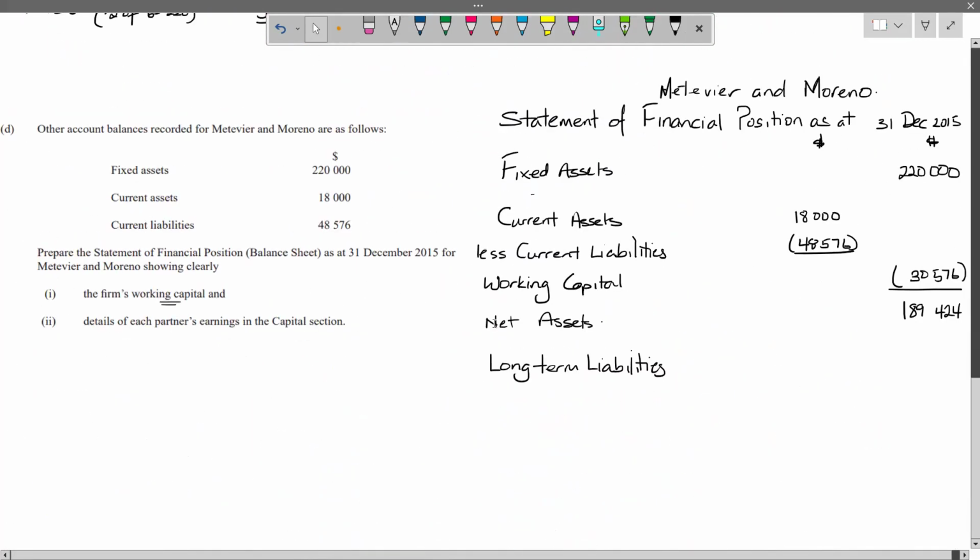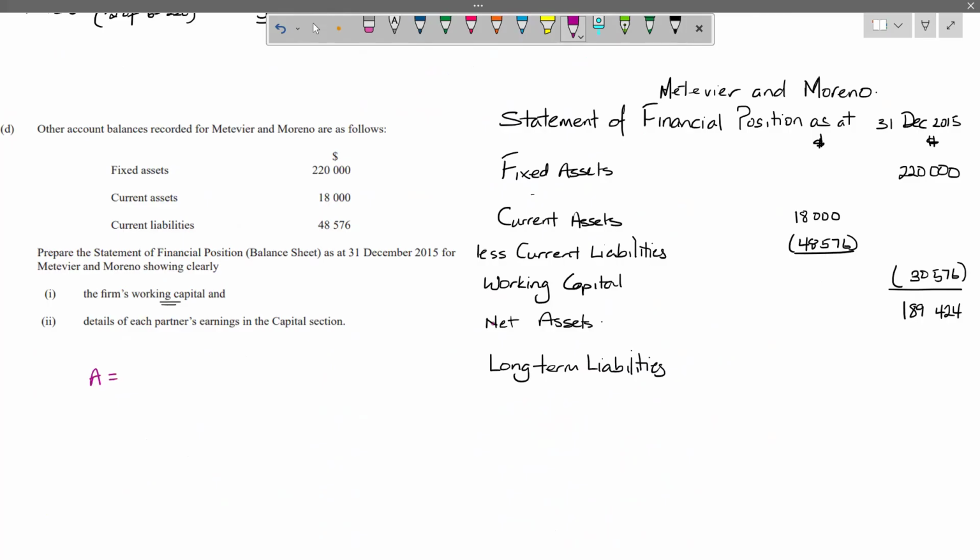Now, remember our accounting equation, assets is equal to capital plus liabilities. The statement of financial position is basically an expanded or elaborated version of this formula.